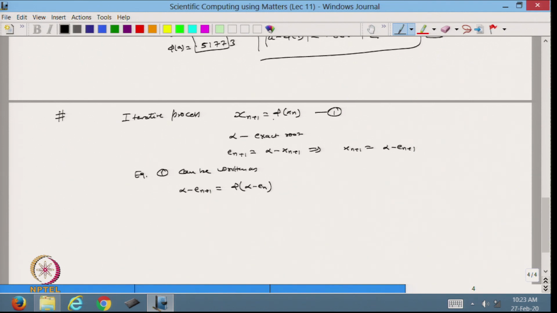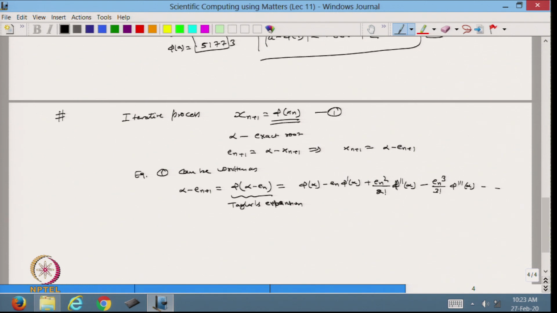Now, phi is a continuous function as well as differentiable. So, I can apply the Taylor expansion for this one. So, Taylor expansion is that I will get phi of alpha minus E n phi dash alpha plus E n square by 2 factorial phi double dash alpha minus E n cube by 3 factorial phi triple dash alpha and so on.